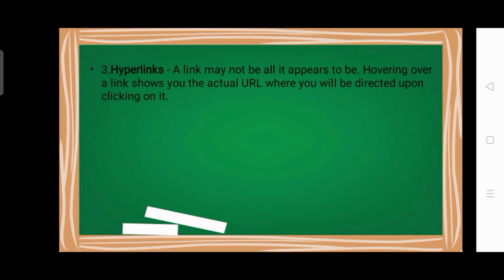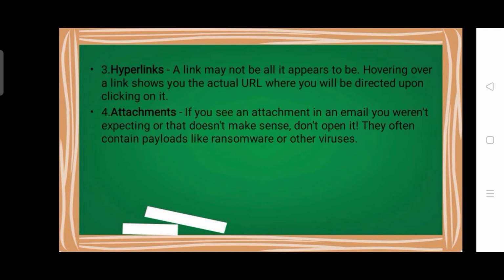Hyperlink. A link may not be all it appears to be. Hovering over a link shows the actual URL where you will be directed upon clicking on it. It could be completely different, or it could be a popular website with a misspelling. Attachments. If you see an attachment in an email you weren't expecting, or that doesn't make sense, don't open it.